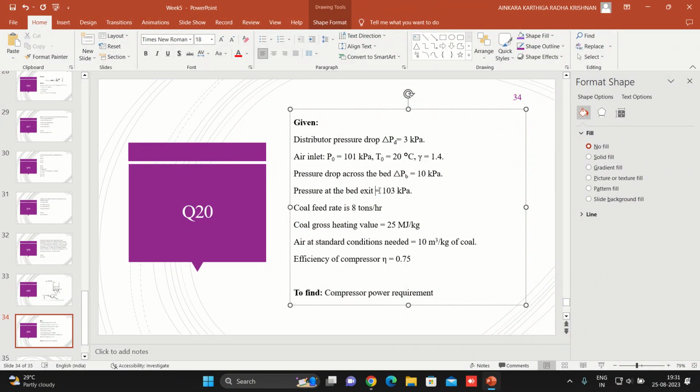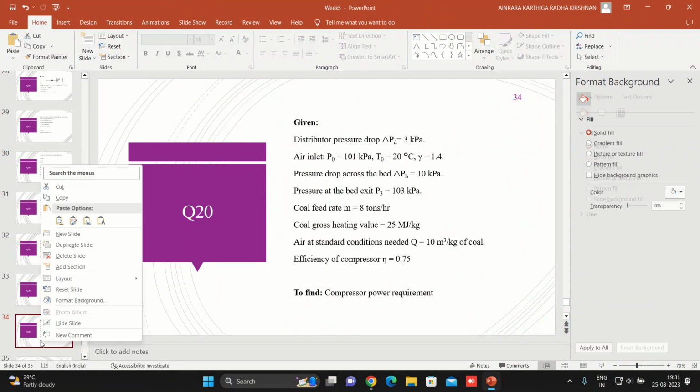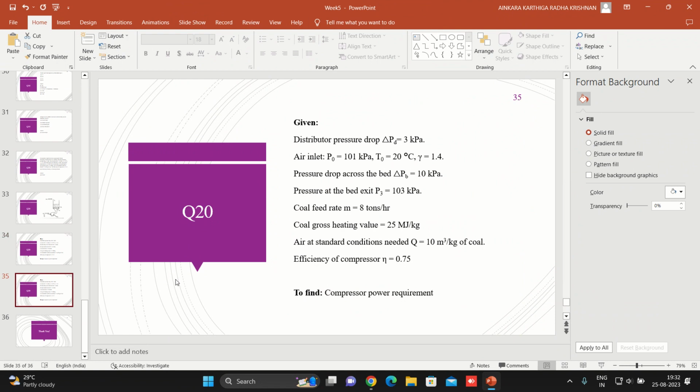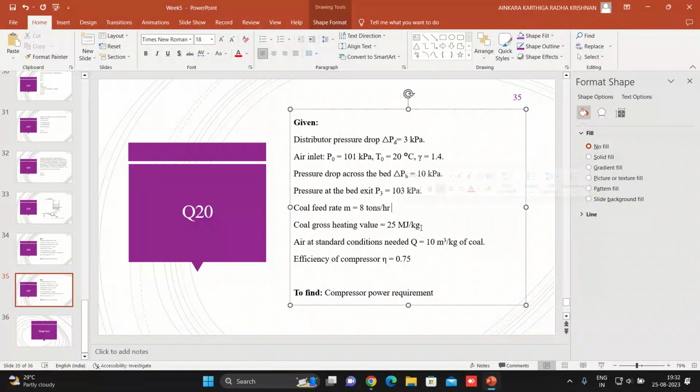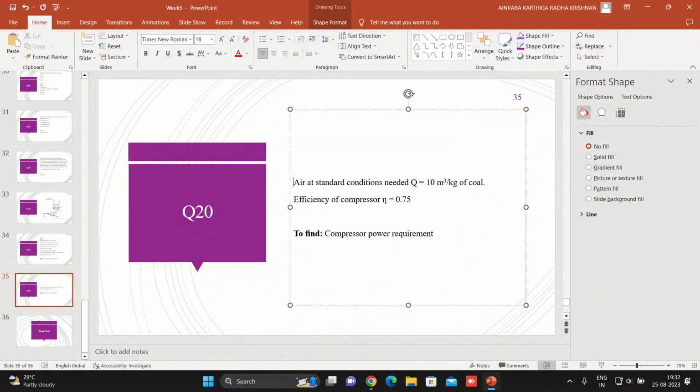And pressure at the exit is P3. What else? Coal feed rate is 8 tons per hour. Air is 10 meter cube per kg of coal. I hope we have given all these things. So to find is compressor power requirement. So we'll substitute these in the problem first.